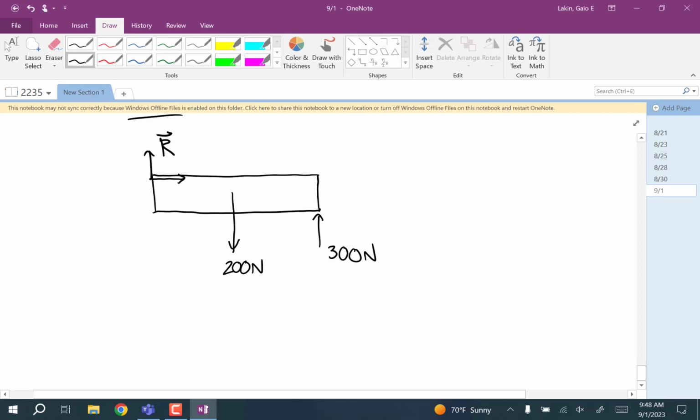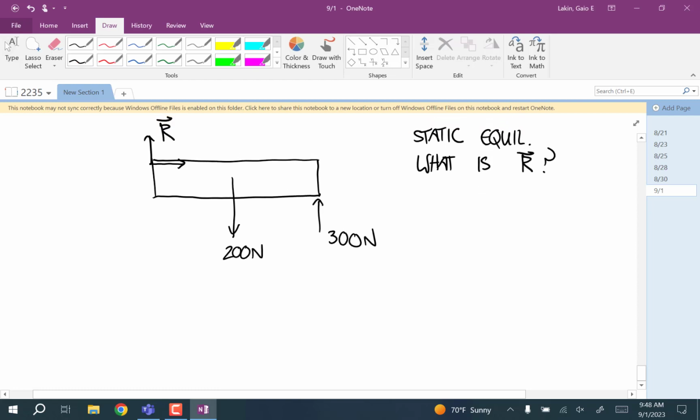Okay, so if this is in static equilibrium, what is the force vector R? I'm going to put the about point where that force R is.